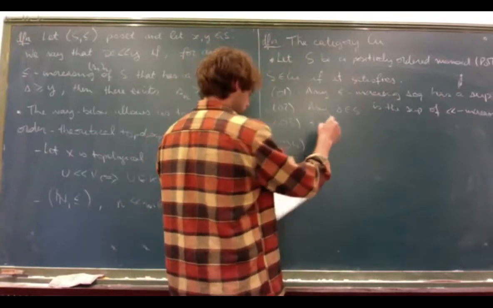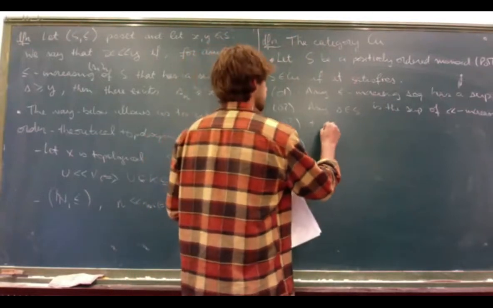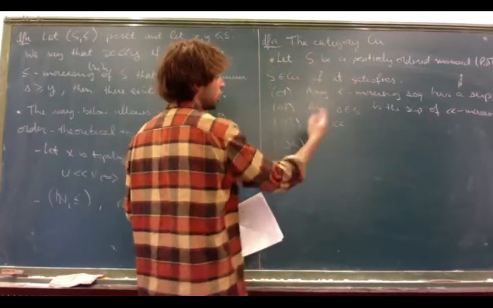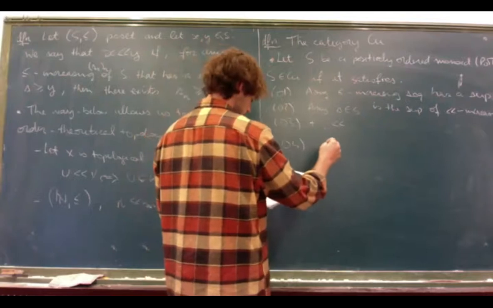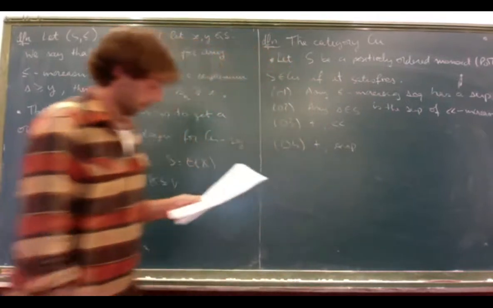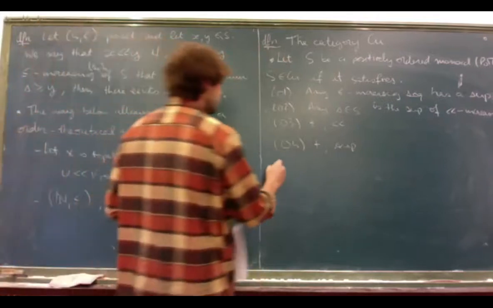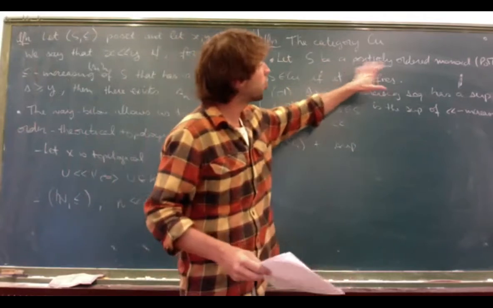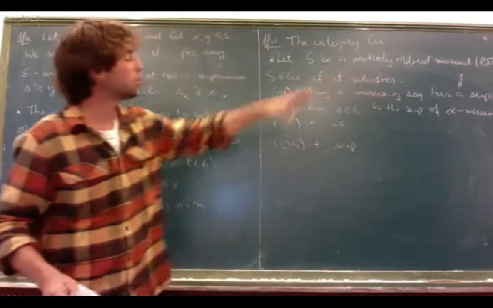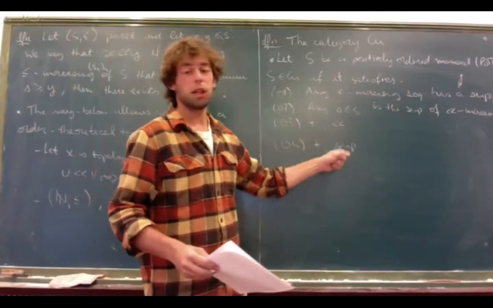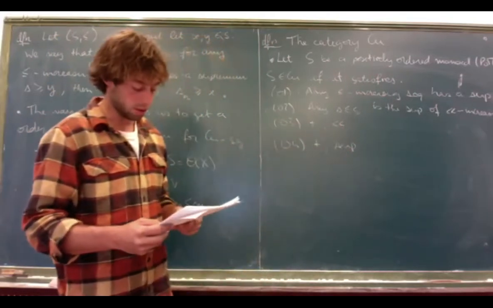And O3 and O4 are compatibility axioms, okay, between the operation that we have and the compact containment and the suprema. CU morphism will just be POM morphism, positively ordered monoid morphism, that respects the compact containment relation and the suprema of increasing sequences.